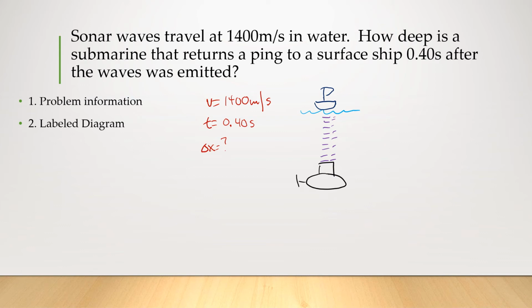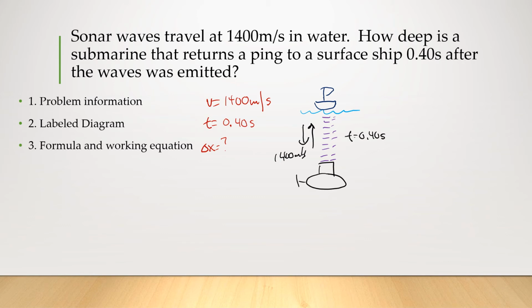So we know the time here is 0.40 seconds, and that the sound wave travels this way at 1400 meters per second, and then it also travels back up at the exact same speed. So there's my quick label diagram.